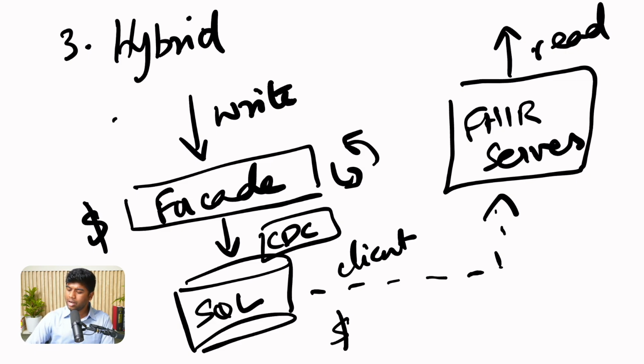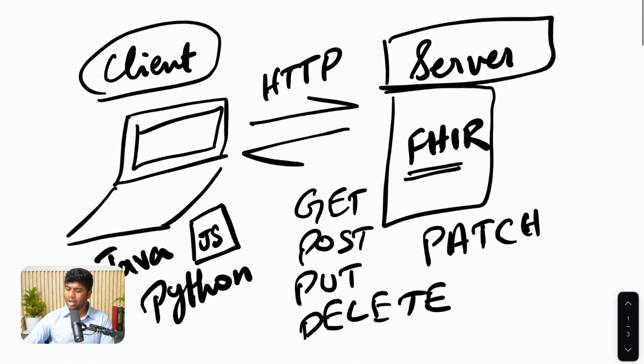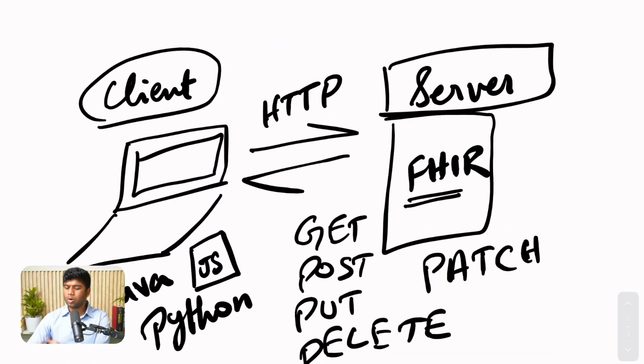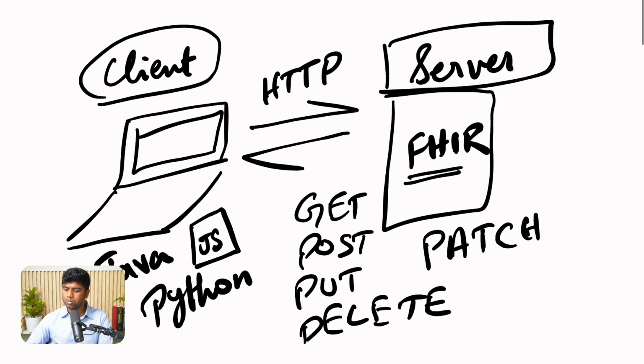Now, when a client looks at it from the outside, it does not need to know that this mechanism is even happening, right? It looks like a normal FHIR server. So when a client interacts with it, it just thinks that, okay, there is a FHIR API, there is a FHIR server, and I'm able to interact with the get, post, put, delete, and so on.